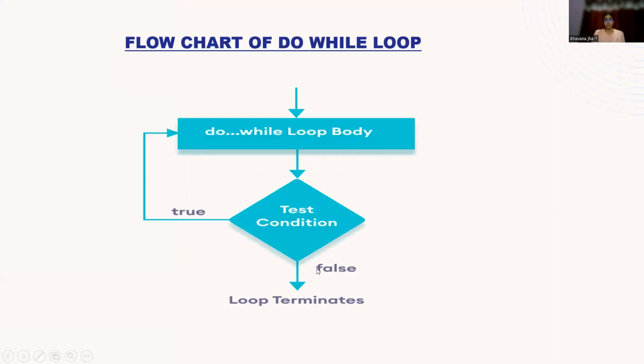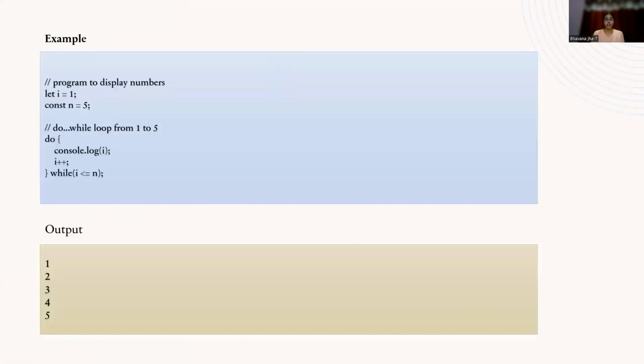Let's see the flowchart. Here is the do while loop body, and if the test condition is false, then the loop terminates. If the condition is true, then it goes to the loop body again. Let's see the example of the do while loop. Here again we display the numbers. The initialization is done, and the do statement is executed first.